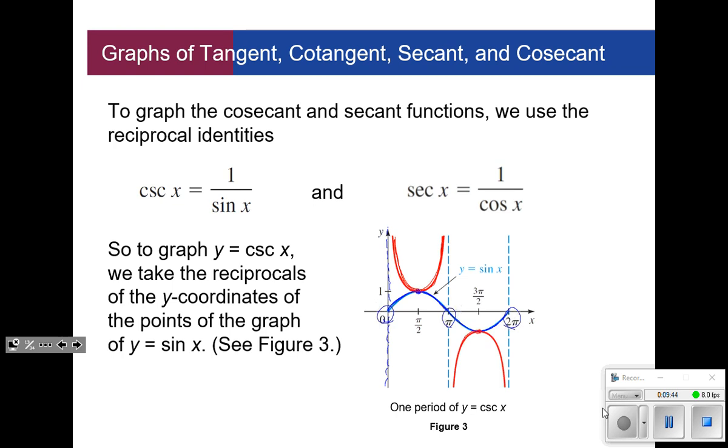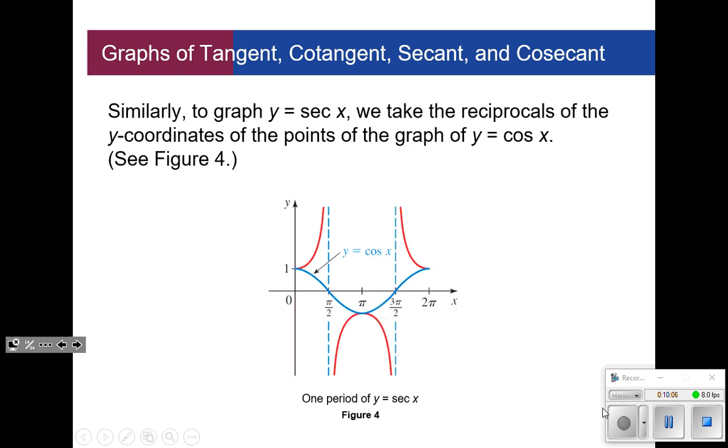The reciprocal of -1 is -1. So they share that point at 3 pi over 2. At 3 pi over 2 and at pi over 2, cosecant and sine have the same values because they're either 1 or -1. Then you draw your humps. This is how I always graph it: I graph the sine first and then draw in the cosecant behind it.